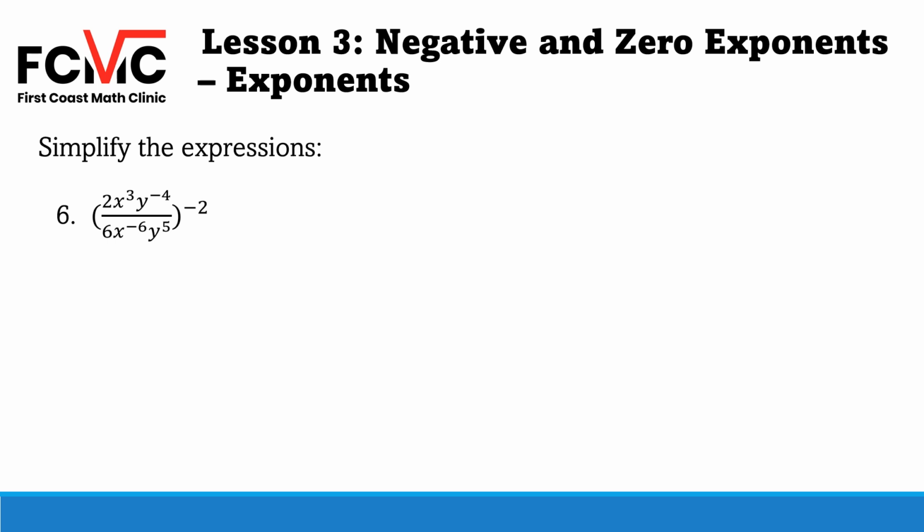So let's start by rewriting this, getting our negative exponents positive, as well as simplifying the 2 over 6. So we've got 2 over 6. We know that reduces to 1/3.